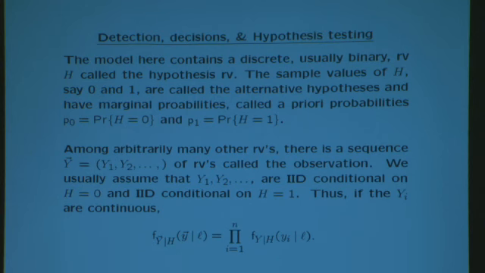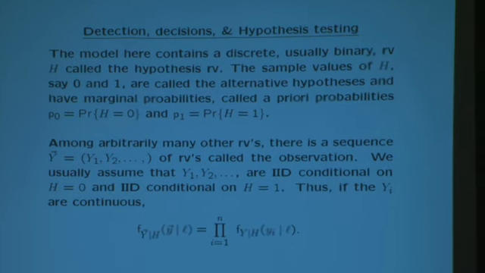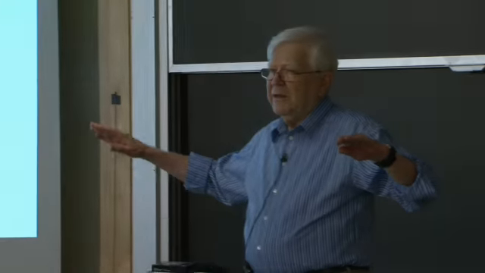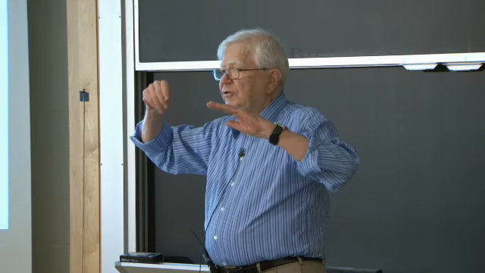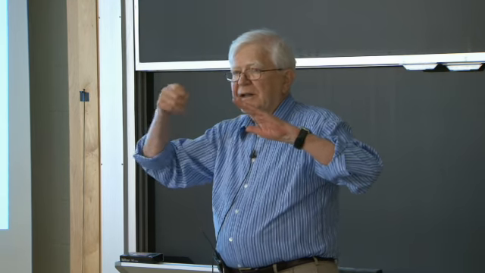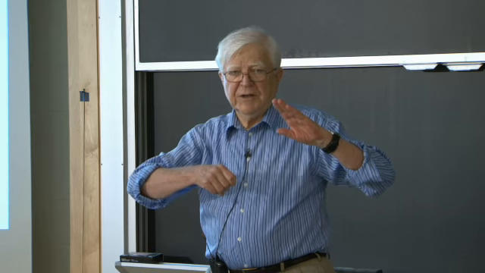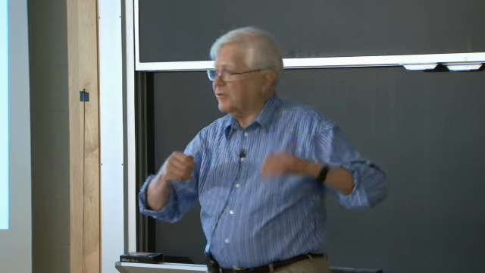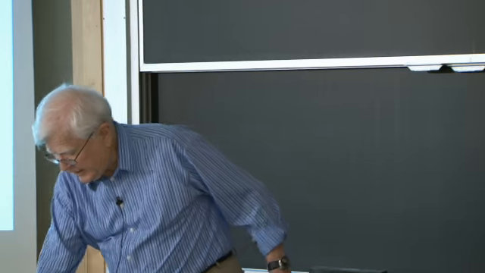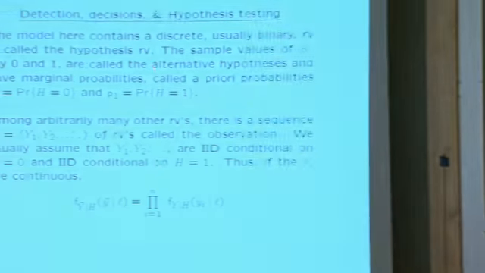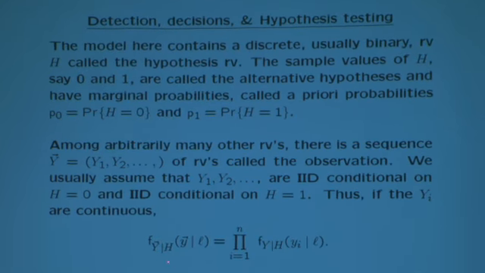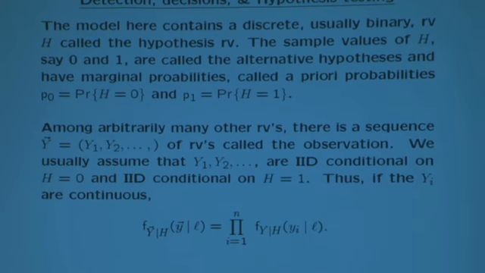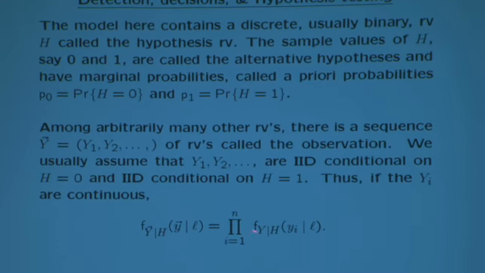In other words, you observe a sample value of each of those random variables, there are a whole sequence of them, and we assume, to make life simple for ourselves, that each of these are independent, conditional on the hypothesis, and they're identically distributed, conditional on the hypothesis. That's what this says right here. This makes one more assumption that assumes that these observations are continuous random variables.